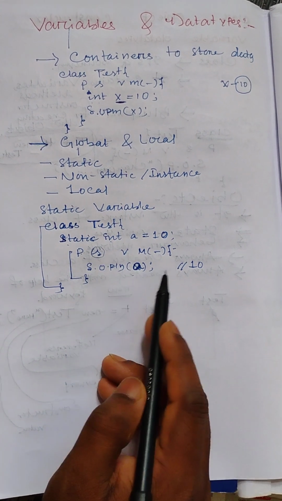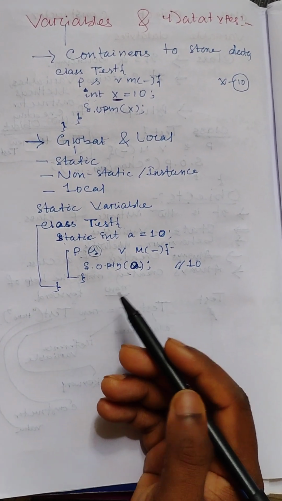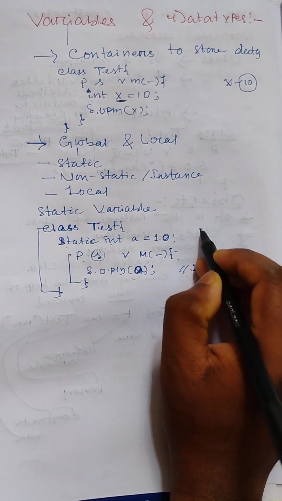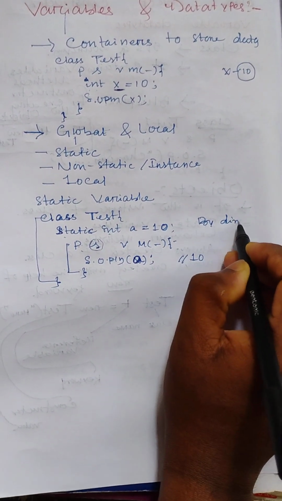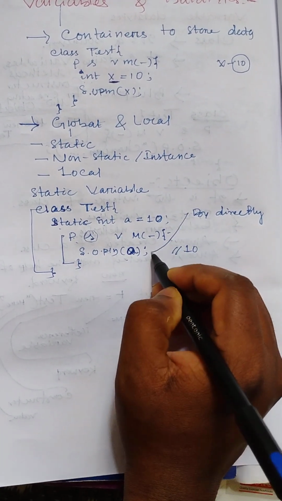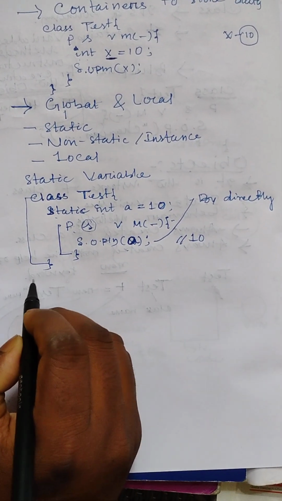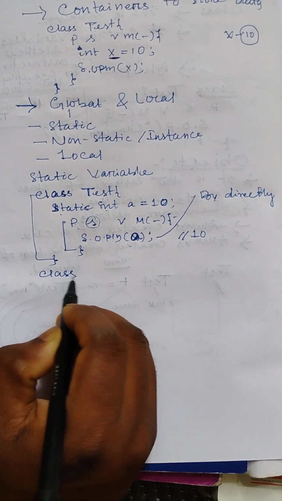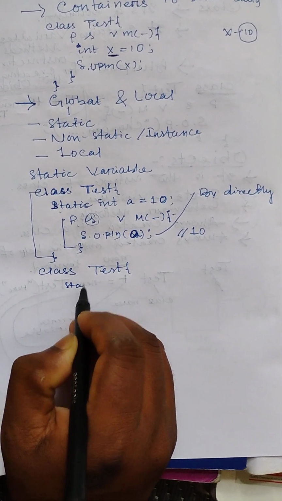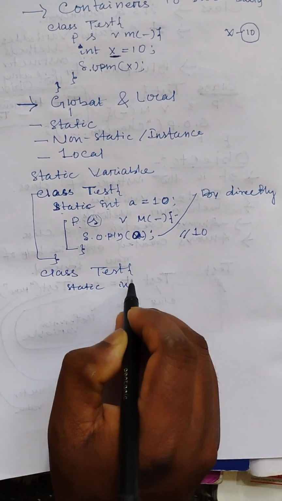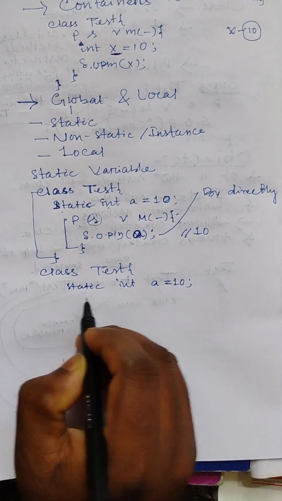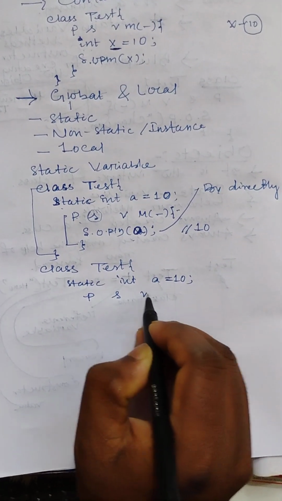How can a static variable be called? I said a static variable can be called in three ways. First, directly. Then by object reference also. Suppose here class test again, static int x equal to 10, public static void main.